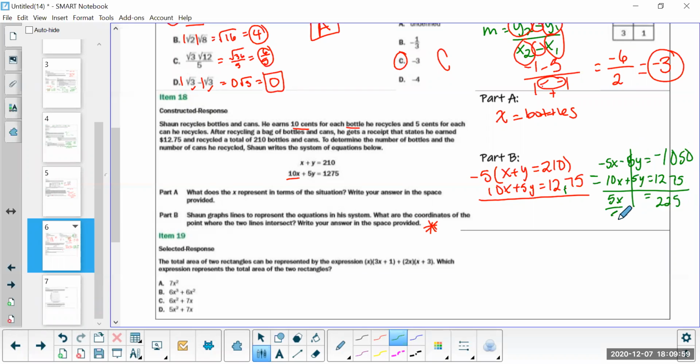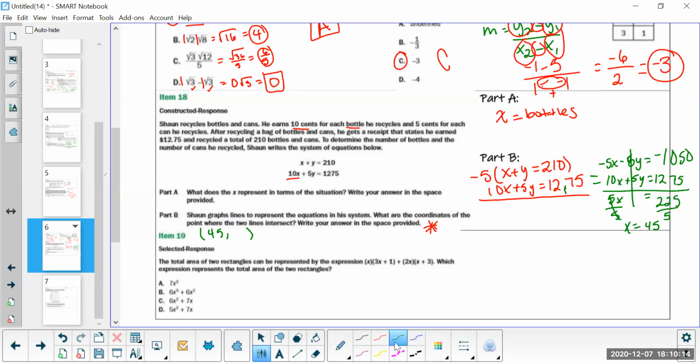Okay, we'll divide by 5. x equals 45. All right, so we know the x is 45.